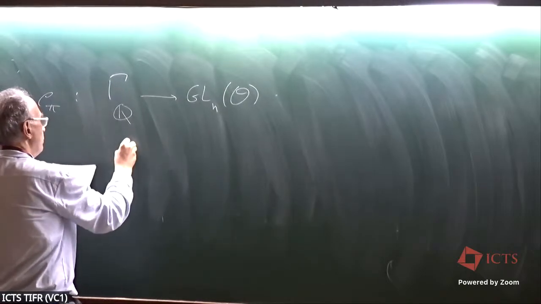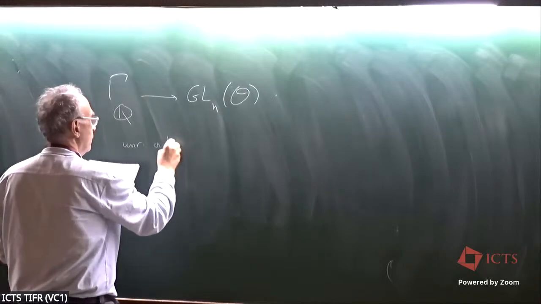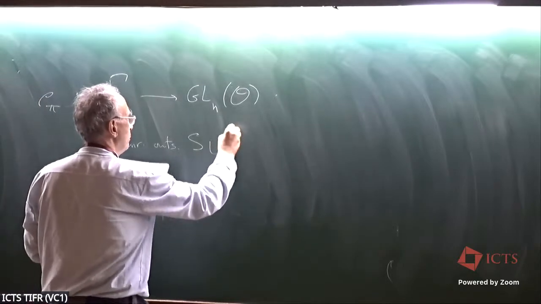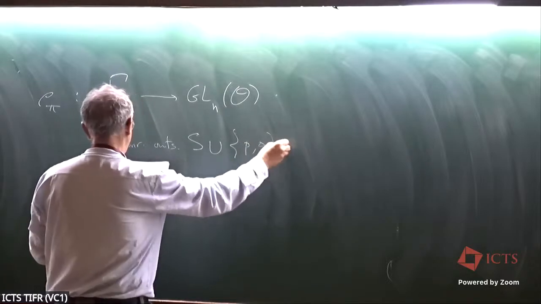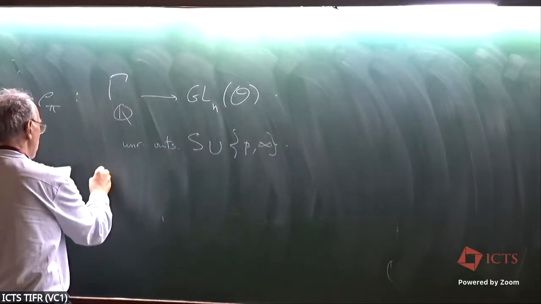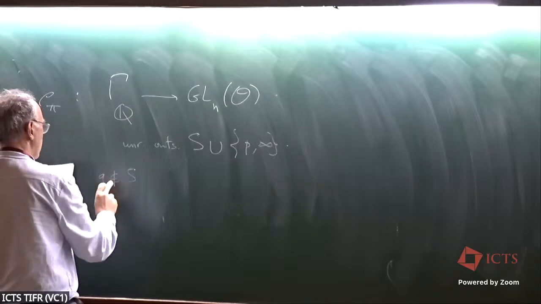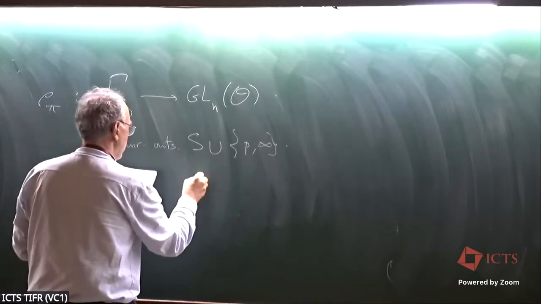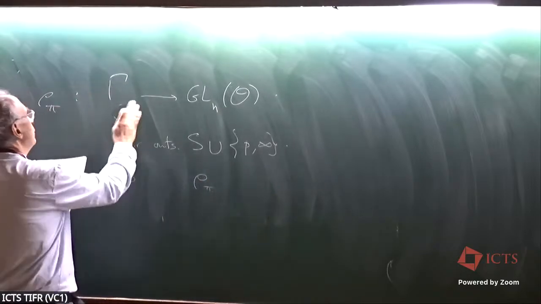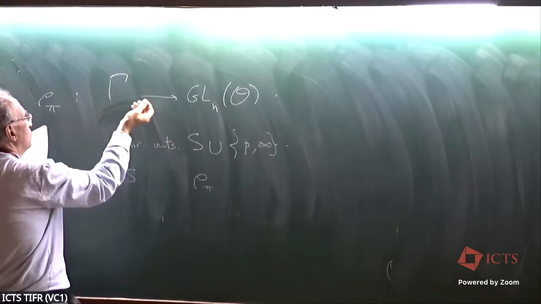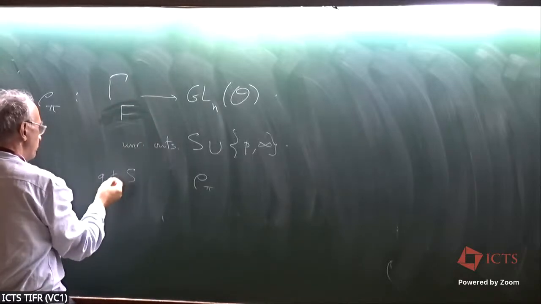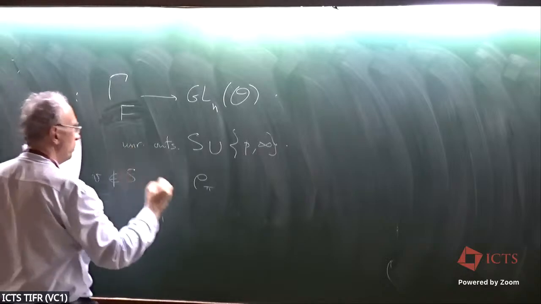So it is unramified outside S union infinity. And if Q is not in S, the characteristic, well, okay, it's better. We said there is an F, so it's better to.